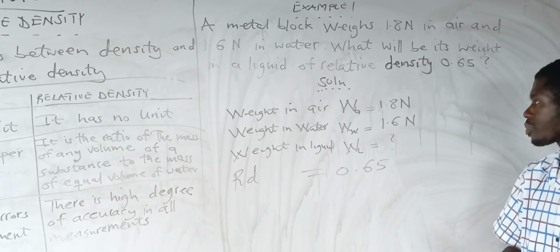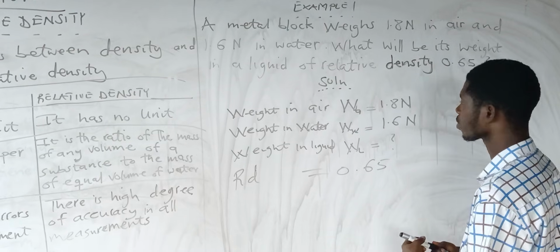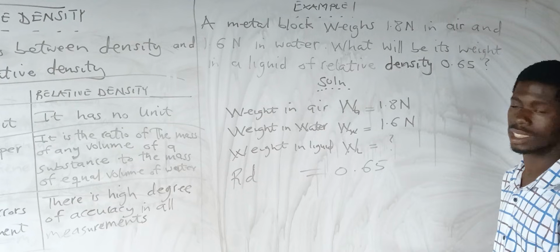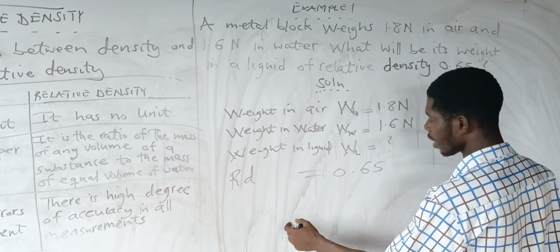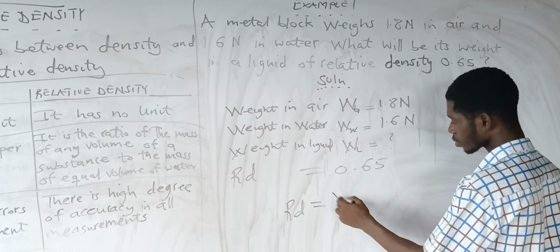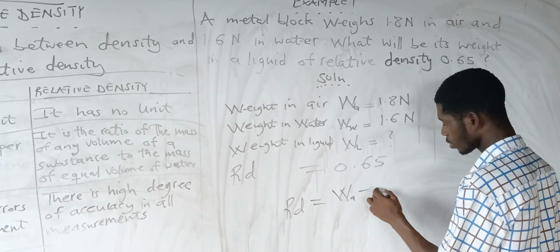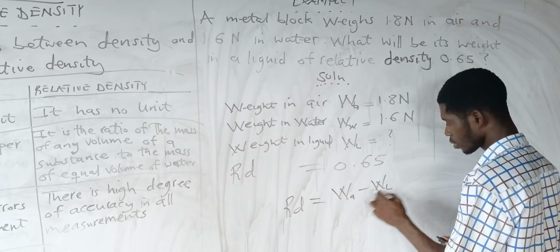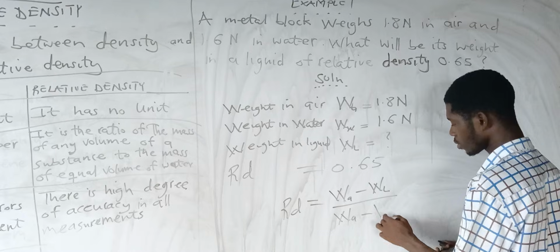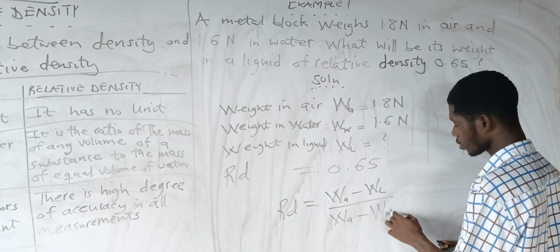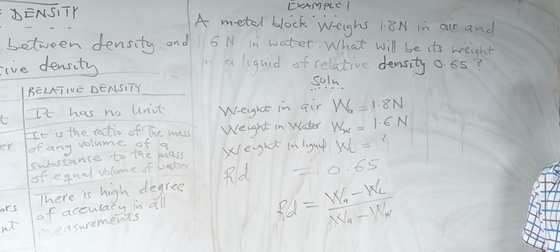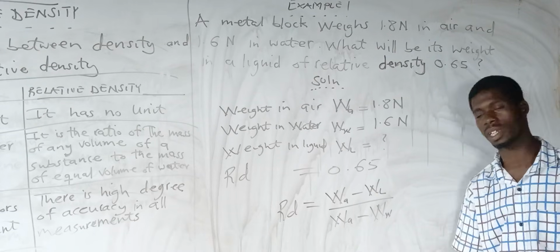Okay. Now, let's write our formula. You know that relative density is equal to density of a substance over density of water.